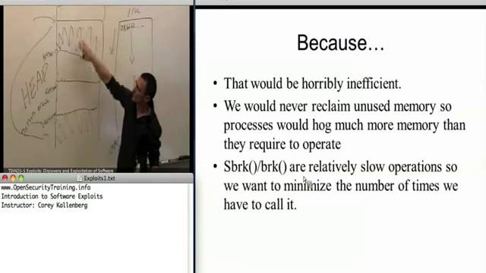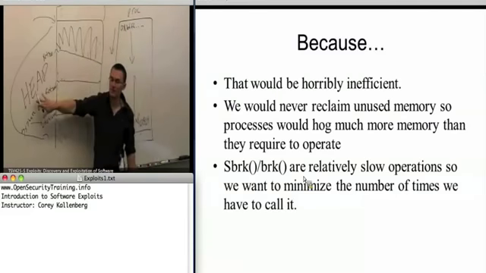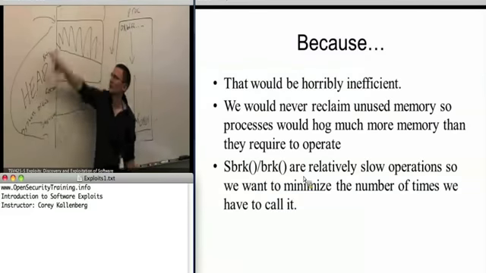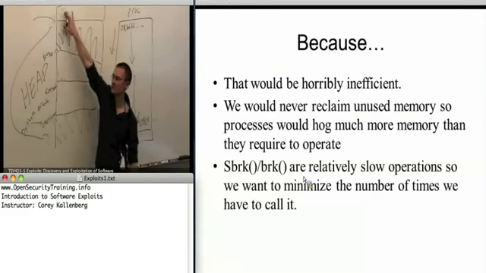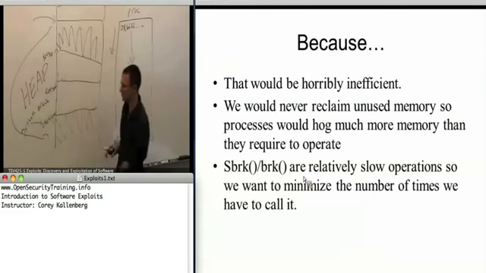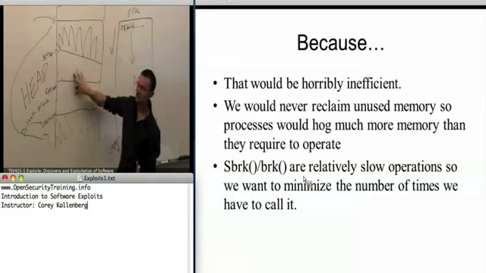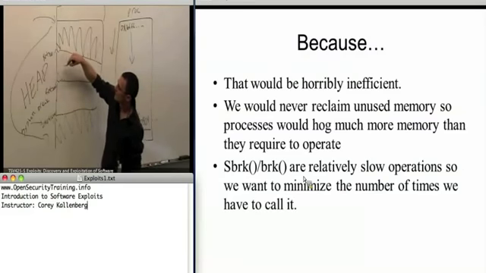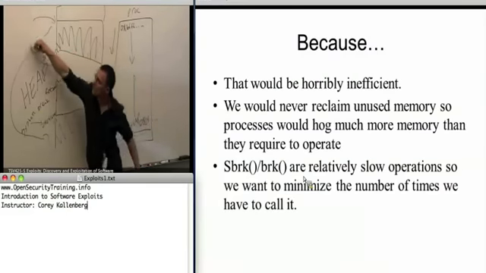If we were just using sbrk and those things, we would have to steal more memory from the operating system. What malloc does is it says, okay, I've got these two chunks of memory right here that are free, so I'm just going to give the process this one, because that's free.